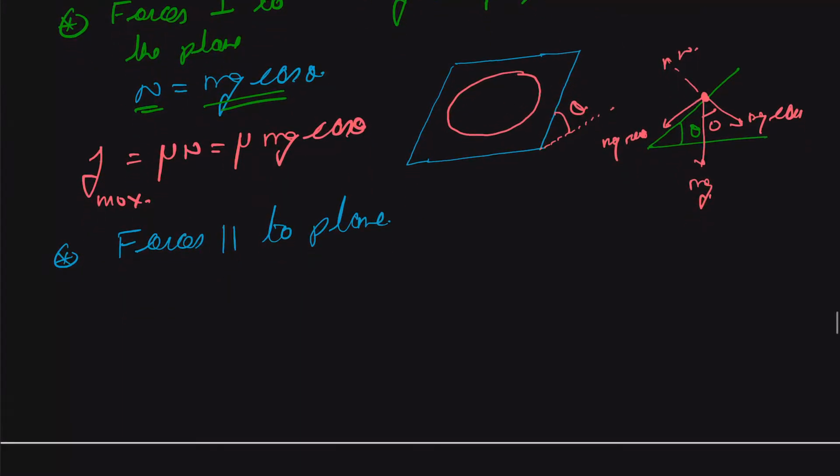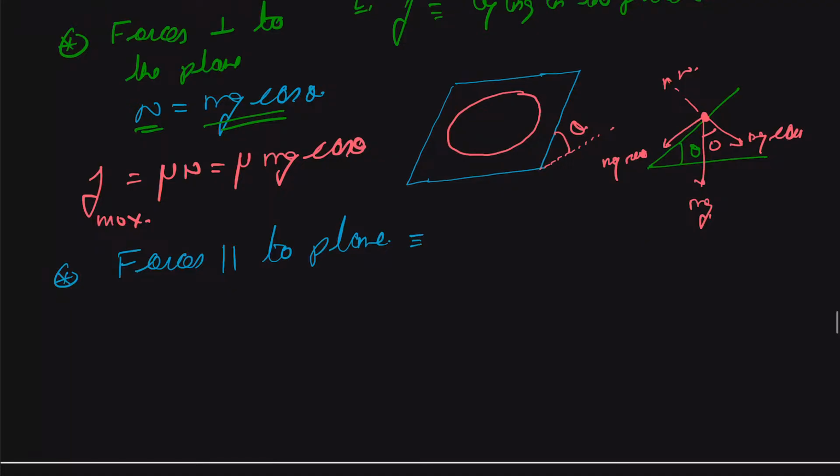Okay. And that is our mg sine of theta. And as the car is moving in a horizontal circle, there will be a requirement of centripetal force.